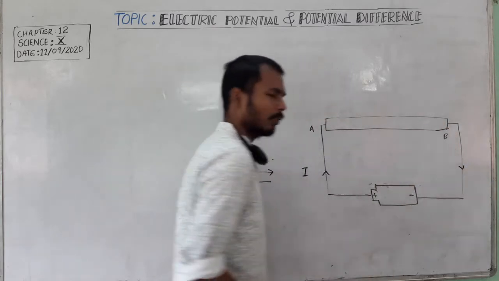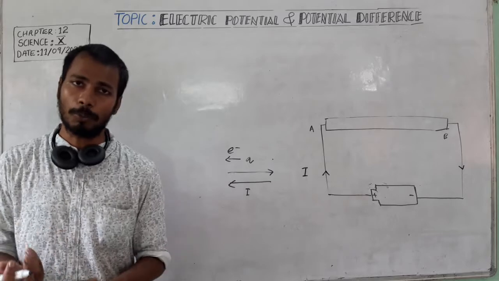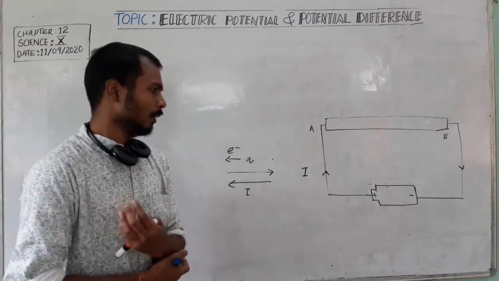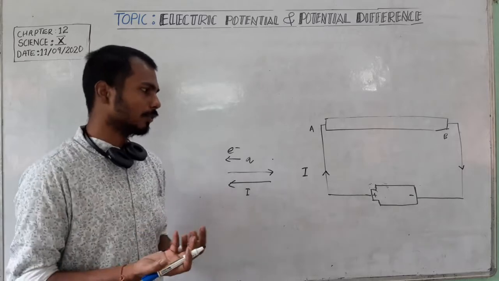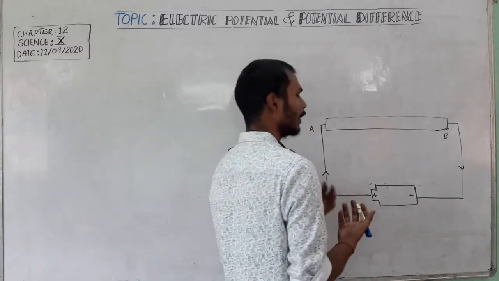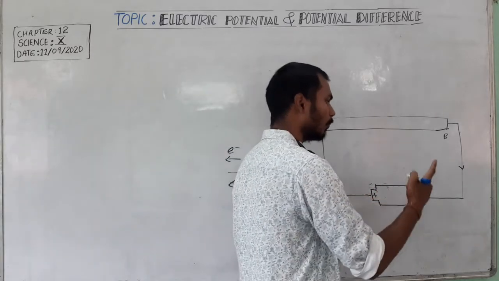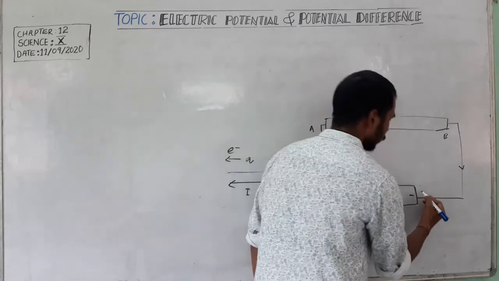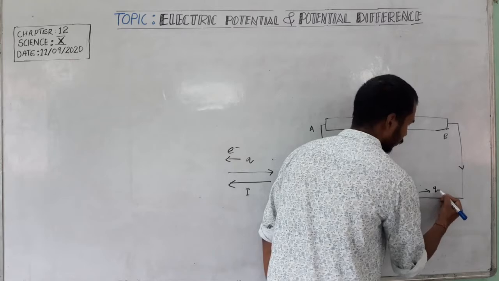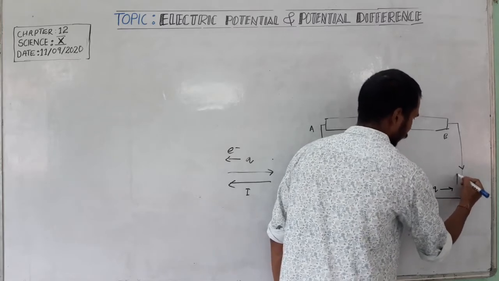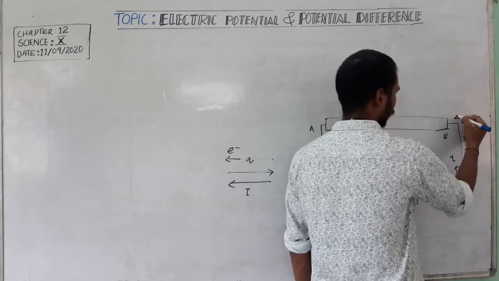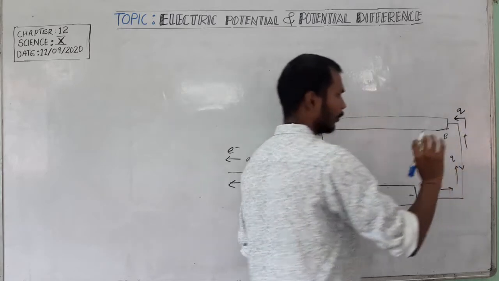Now, the question is, what is the direction of flow of charge? Because this current is only because of the flow of charge. The charge always flows opposite to the direction of electric current. So the charge will flow in this direction. This is the direction of flow of charge. Got it?